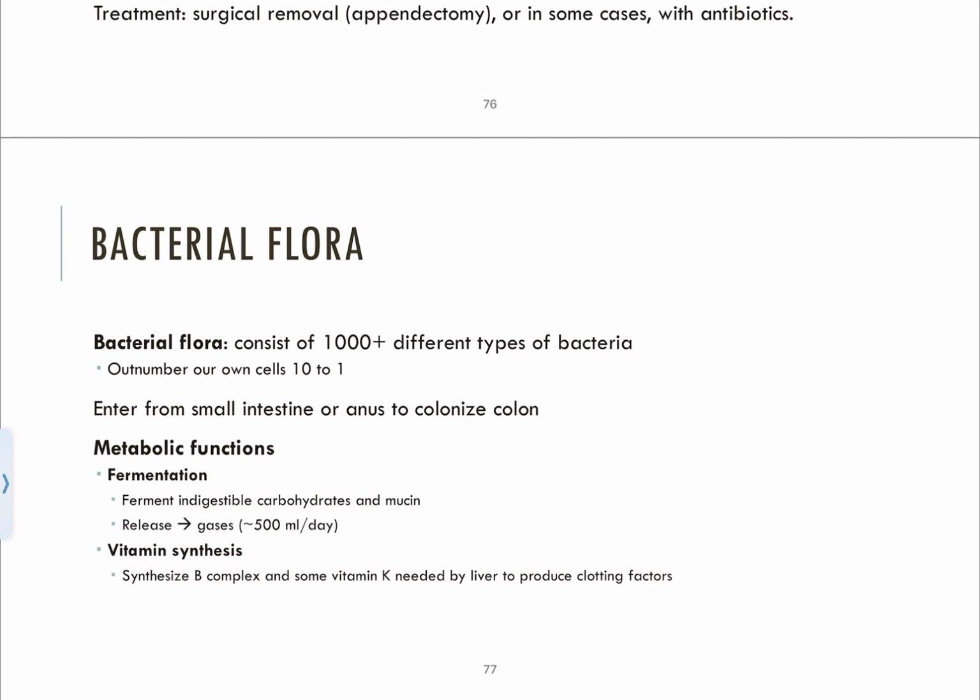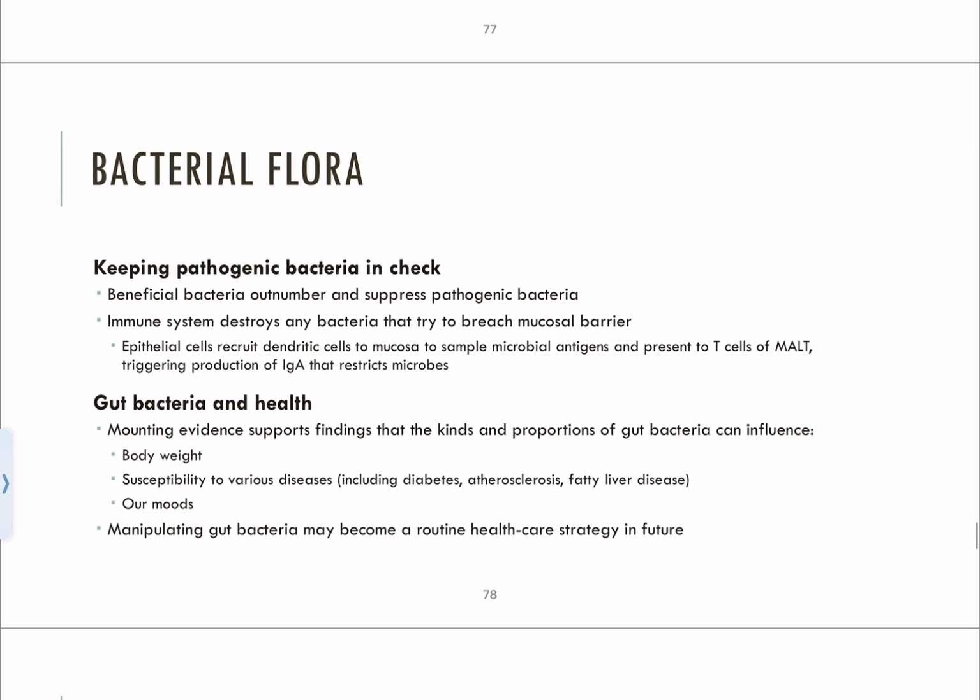Another important metabolic function of our bacterial flora is synthesis of vitamin B complex, as well as some of the vitamin K that the liver needs in order to produce several of the clotting factors. These are actually synthesized by gut bacteria.